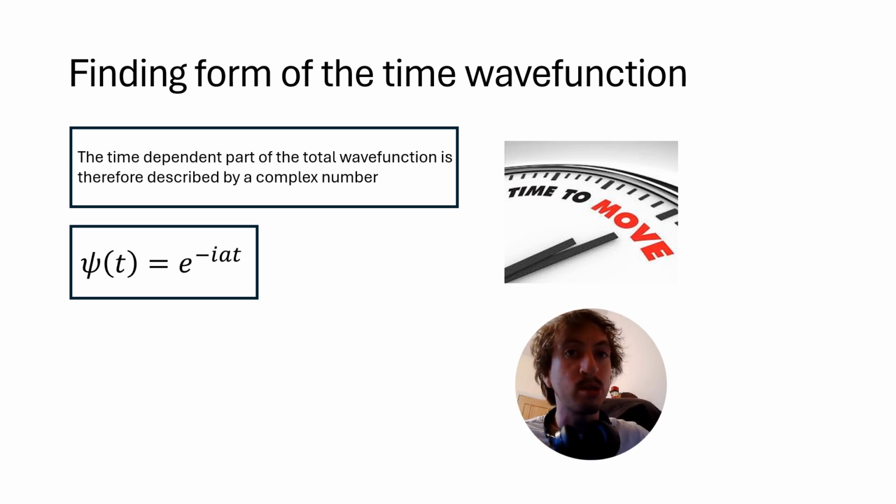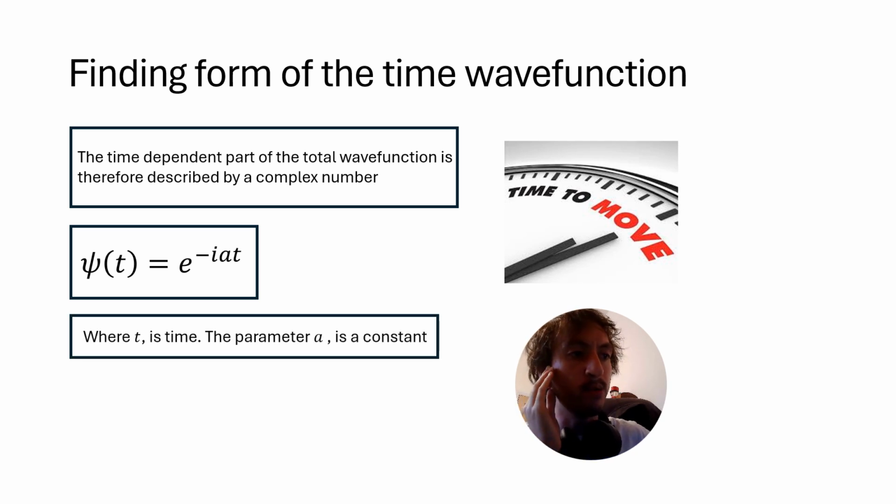Now a is a parameter, and you might guess, given that a unit complex number is just kind of like a point orbiting around the complex plane, that a is going to reflect how quickly the output of our psi of t changes with time, so how rapidly this number moves about the complex plane.